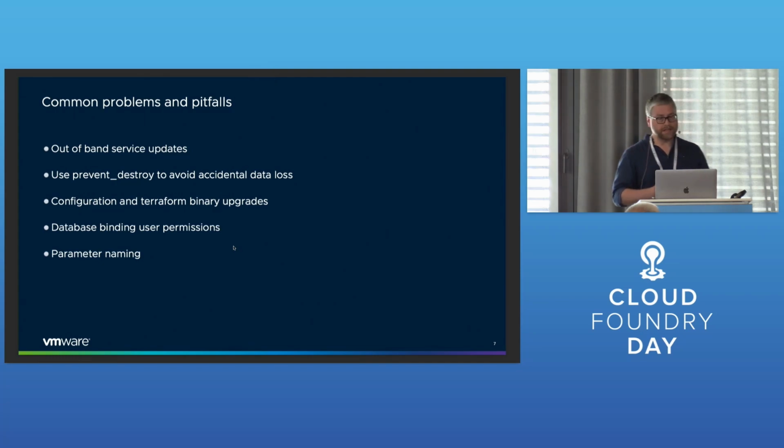What problems do we get? Almost like number one is out-of-band service updates. Because the Cloud Service Broker is backed by Terraform, it keeps the state. So sometimes if you make an operation outside of the Cloud Service Broker without updating the state, it will try to do funny things that could really cause all sorts of calamity.